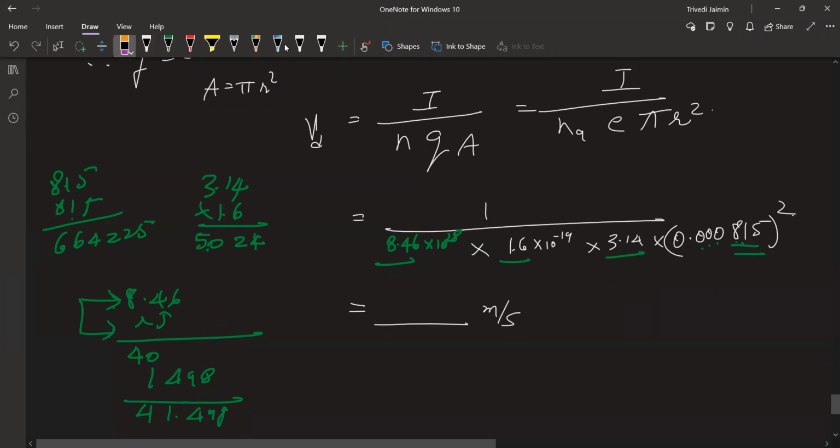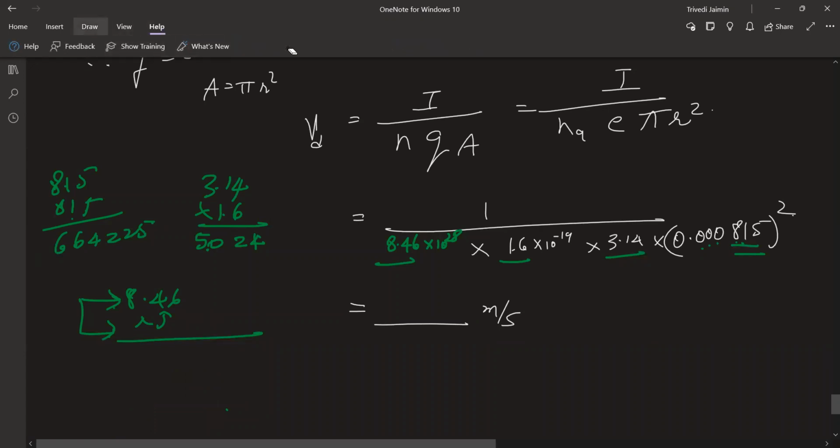This one is enough. Okay, so it is 42.30. Yeah. So 42 here into this much.